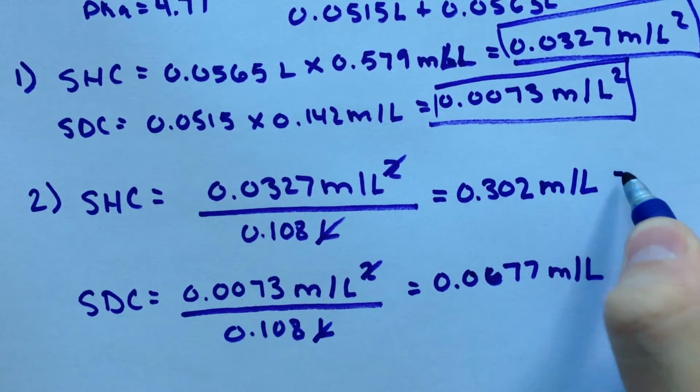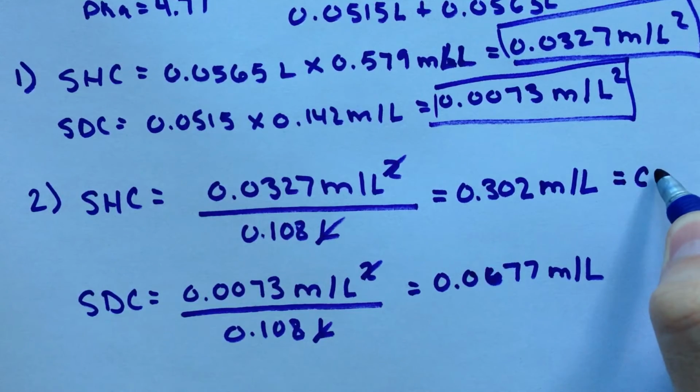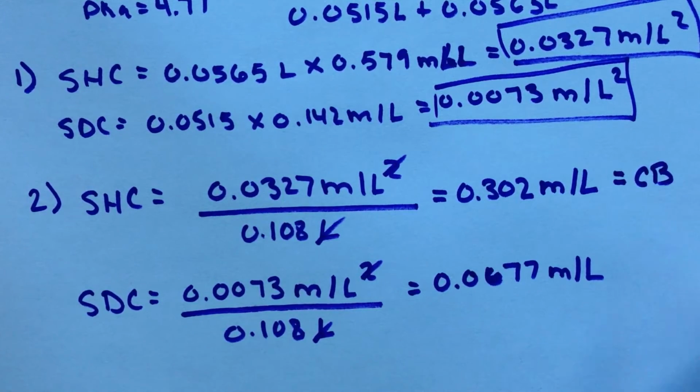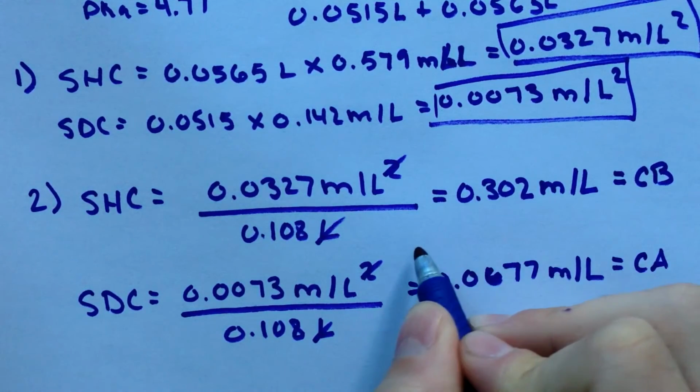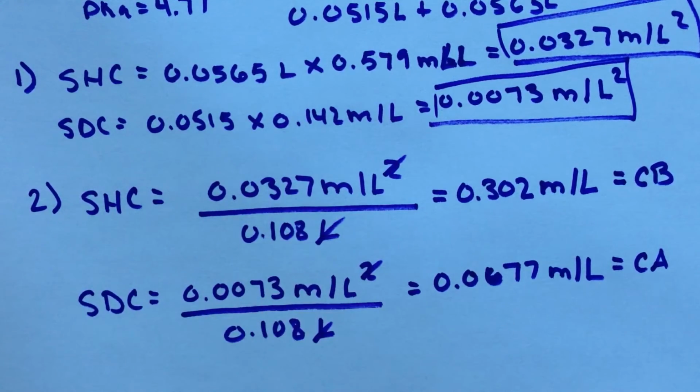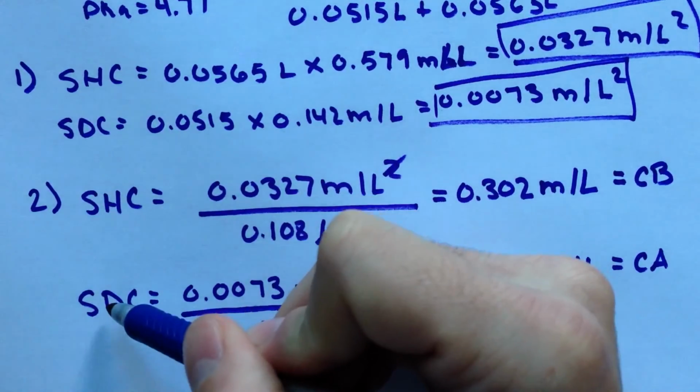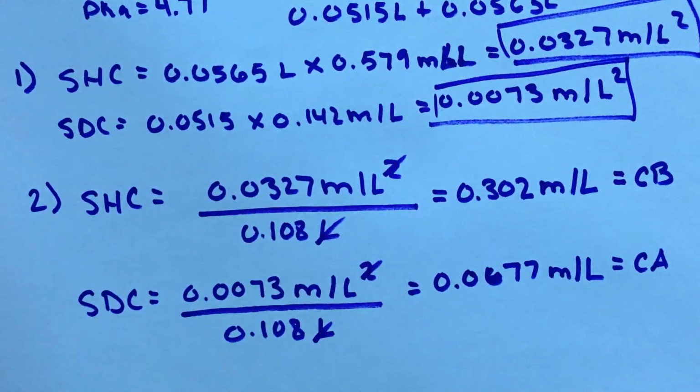Okay, so this one here is going to be our conjugate base, and this one is our conjugate acid, and we know that because our pKa value was given for the dihydrogen citrate, and we also know that because you're losing your hydrogen.